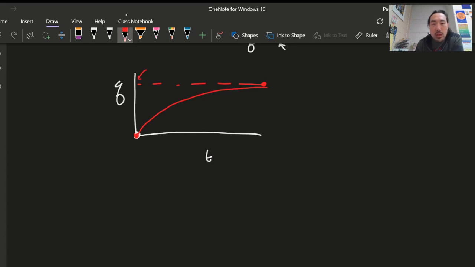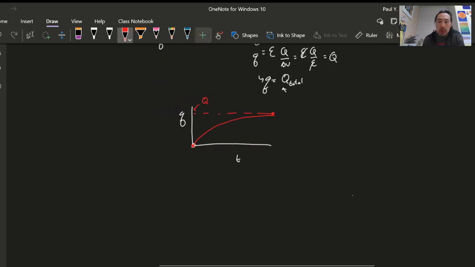And the question is, what should that equal? That'll just be the total amount of charge, Q, right there. And that Q just comes from the substitution that we did before, where Q is going to be the capacitance times the EMF, all right?